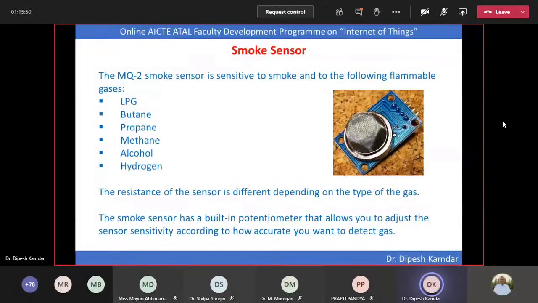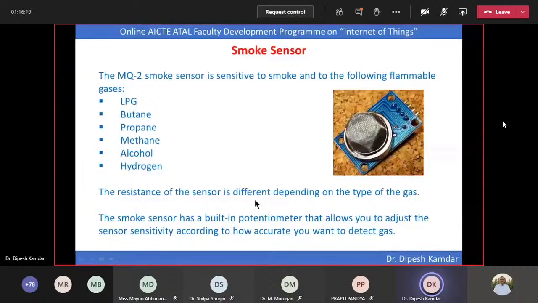Then the smoke or gas sensor. The MQ2 is a smoke sensor which is sensitive to smoke and flammable gases like LPG, butane, propane, methane, alcohol, hydrogen. The resistance of the sensor is different depending on the type of gas.